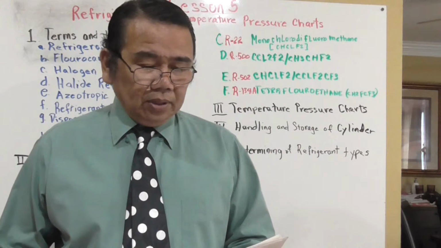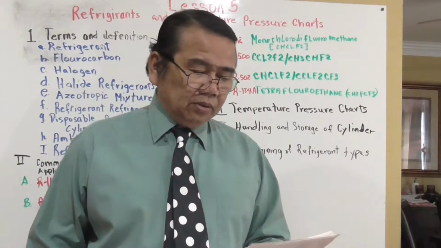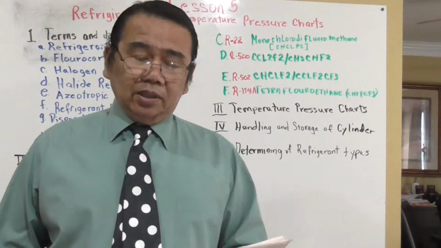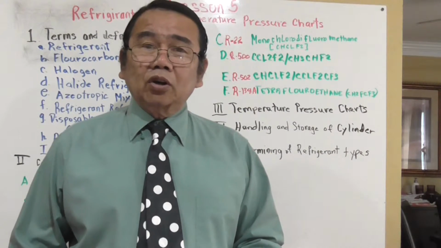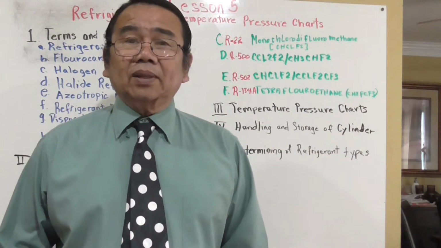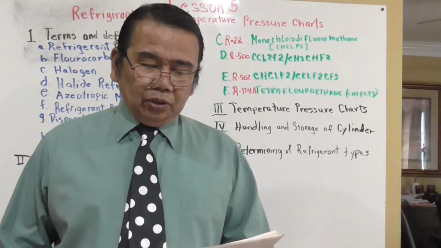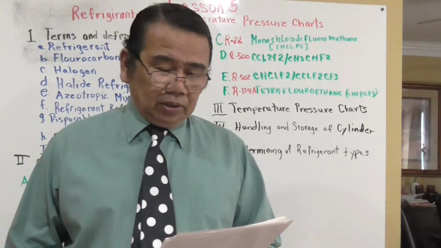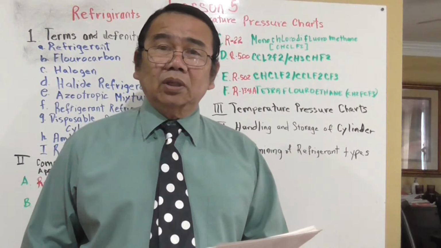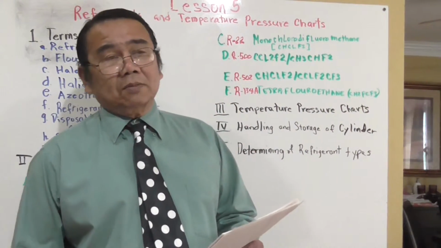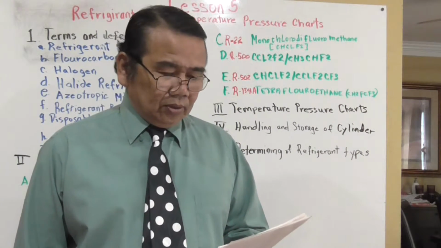And then refrigerant storage cylinders, continued. A storage cylinder should be dated and have a Department of Transportation stamp. That's DOT. Okay? No cylinder should be used beyond 5 years of the date on the tank. That means once 5 years have passed, it needs to be rehydro tested.